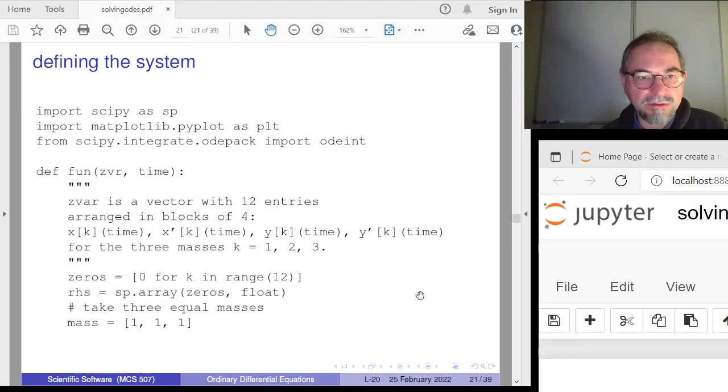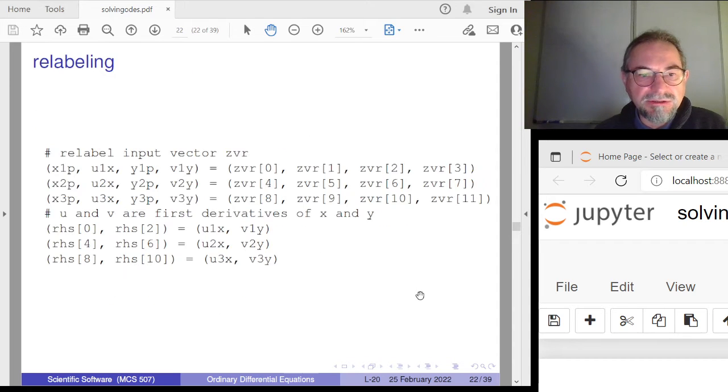What this function does is return the right hand side for the specific time value. So the numerical integrator of ODEInt will call this function all the time with specific values of time. Here for this experiment we take 3 equal masses.